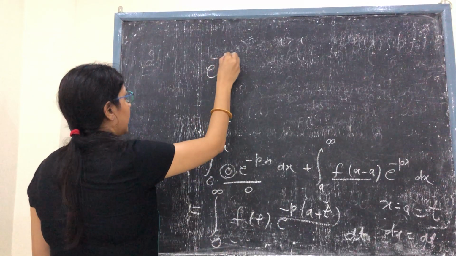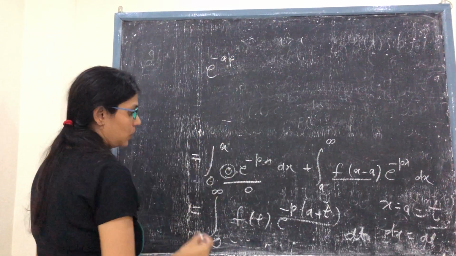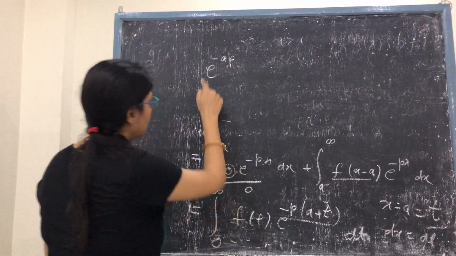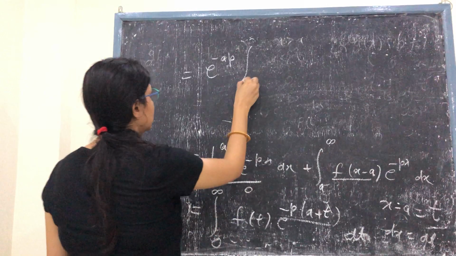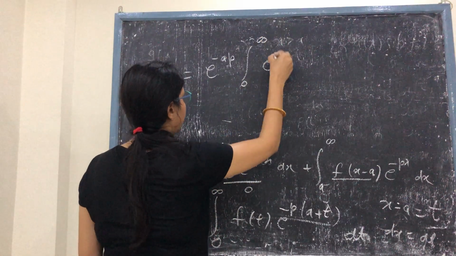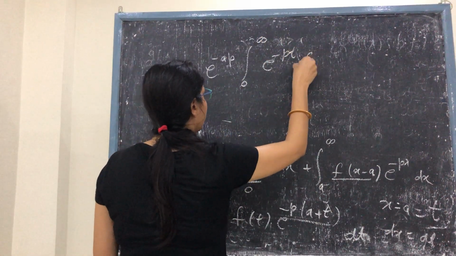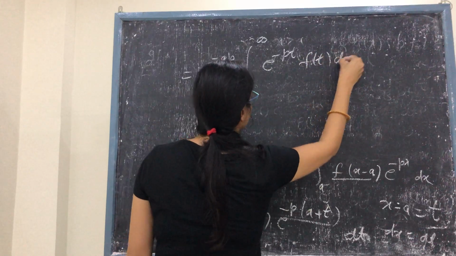So it can be written as e to the power minus ap, because it is independent of t, outside the integration, times the integral from 0 to infinity of e to the power minus pt f of t dt.